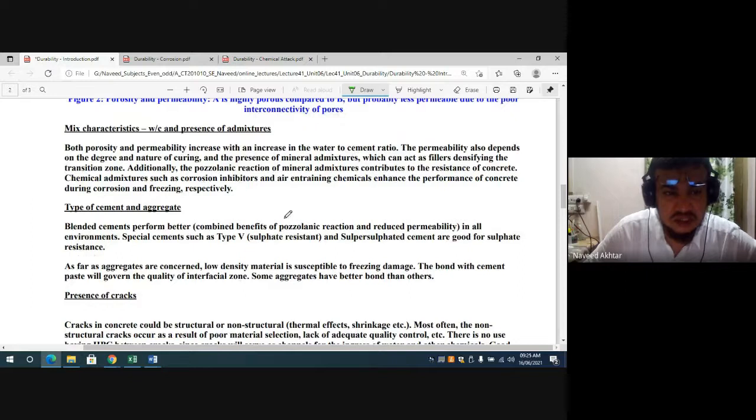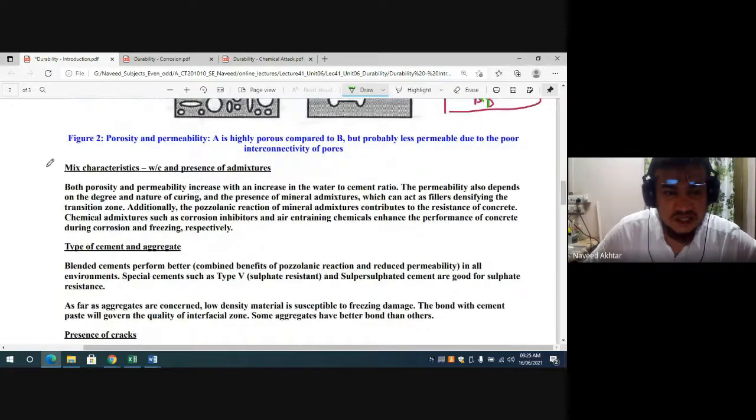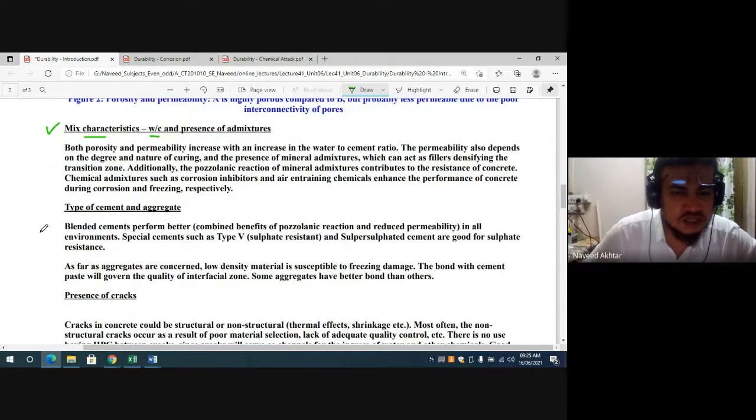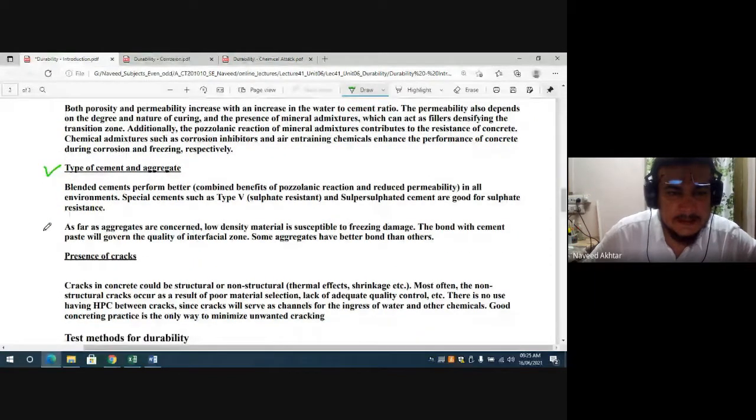So there are various factors: the mix characteristics or water to cement ratio and presence of admixture. These both are very important, and these are the factors that will affect the durability of your concrete. Also, the type of cement and aggregate you are using will affect it. Blended cement performs better.